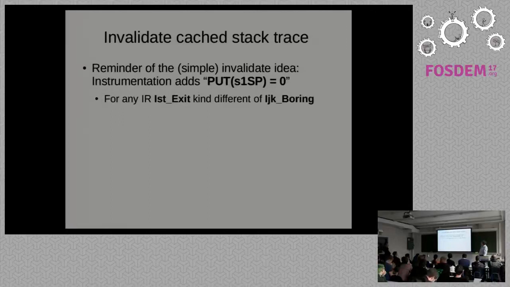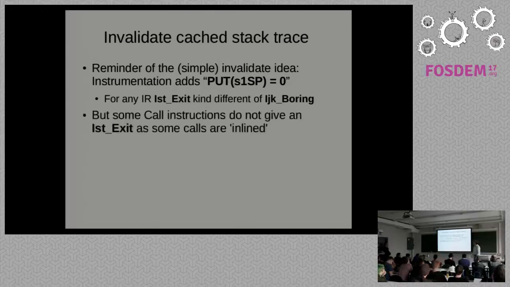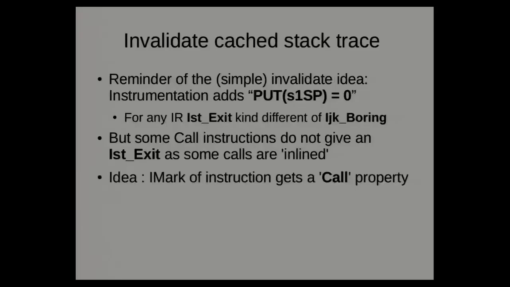So, invalidate cache stack trace, another problem. Reminder of the simple invalidate idea: instrumentation puts cache stack valid at the end of the block for every exit that is different from boring. Well, the small problem is that some call instructions do not give an exit instruction because some calls are somewhat inlined by the Valgrind machine.